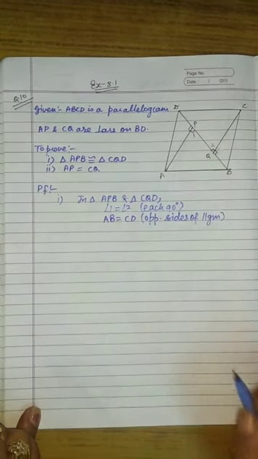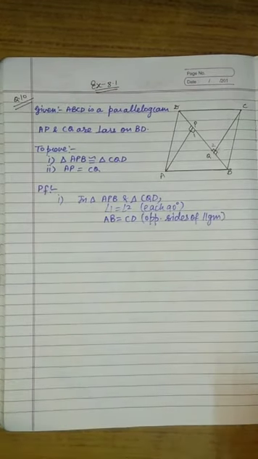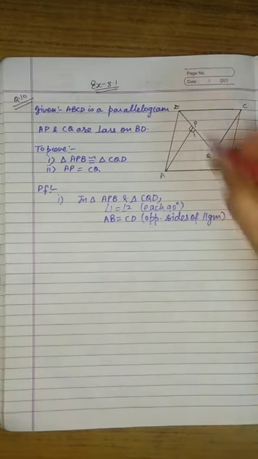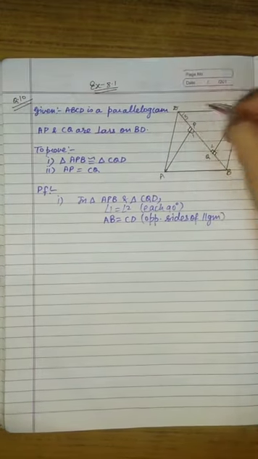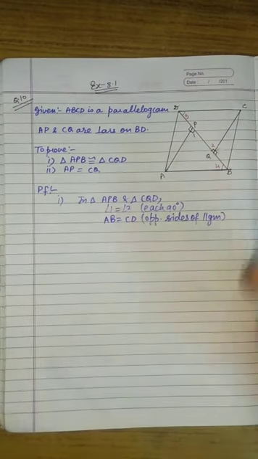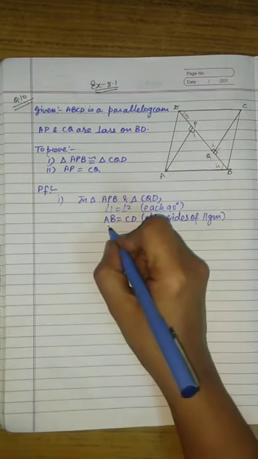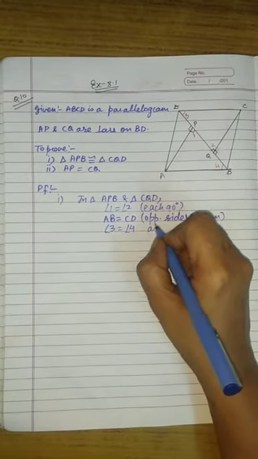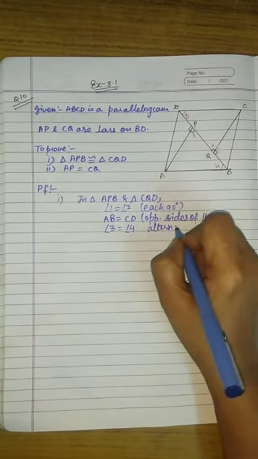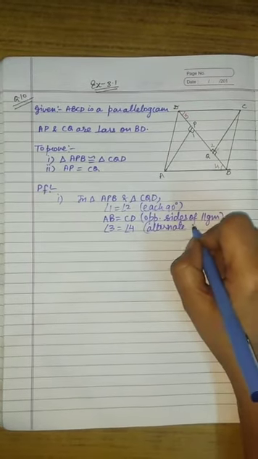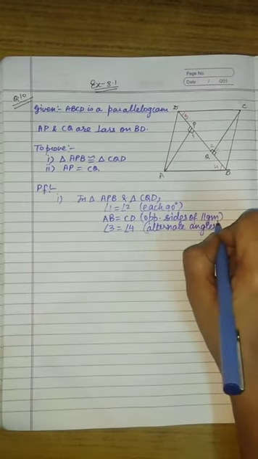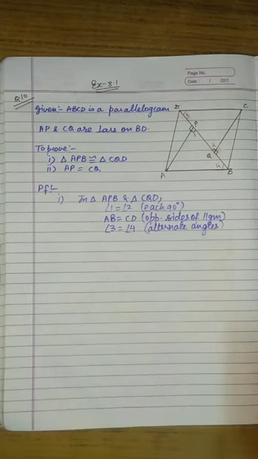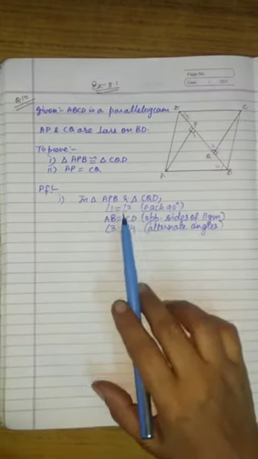Then because ABCD is a parallelogram, alternate angles will be equal. So angle 3 is equal to angle 4, alternate angles.